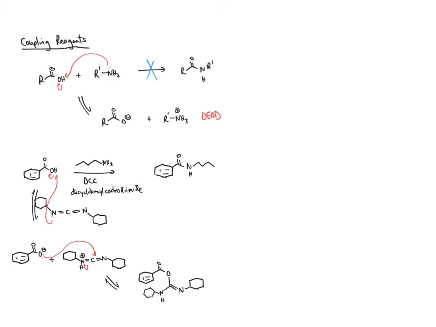Now, at this point, it's almost as if this whole thing right here is the super leaving group. And so this has similar reactivity to what we had before, in which now we can take an incoming nucleophile, this time the amine. Now the amine can attack the carbonyl carbon to form a tetrahedral intermediate. Okay, so we generate a species that looks like this.